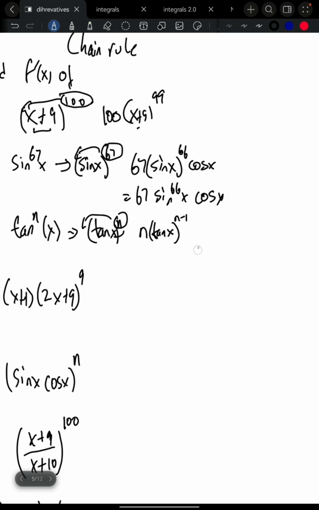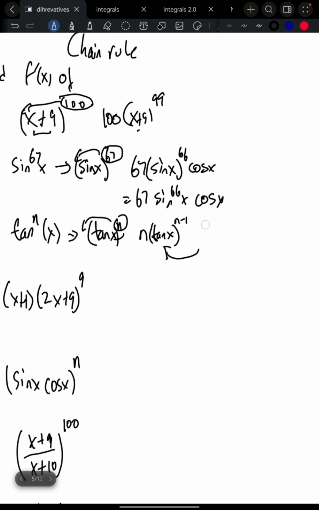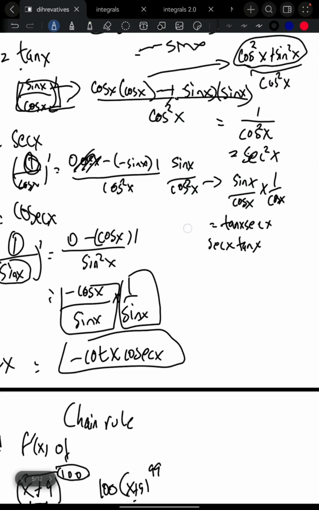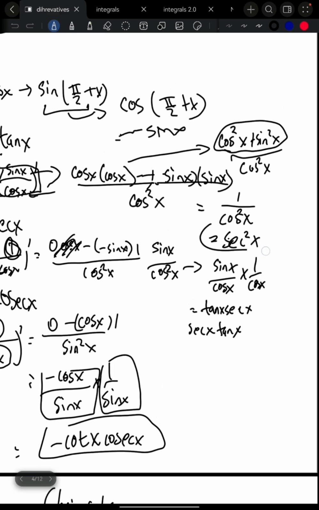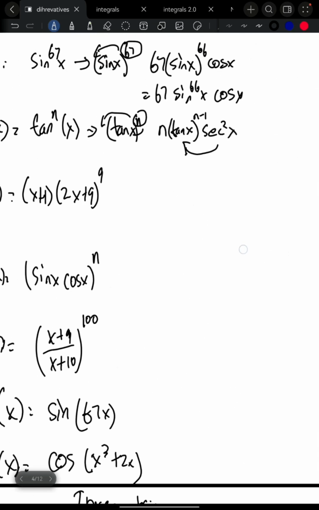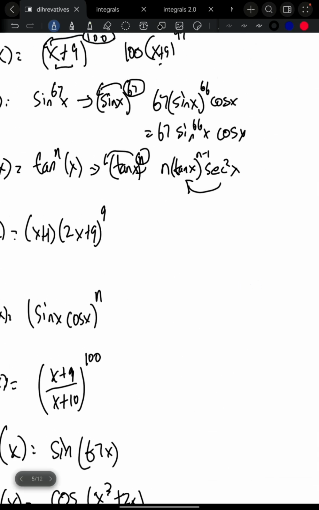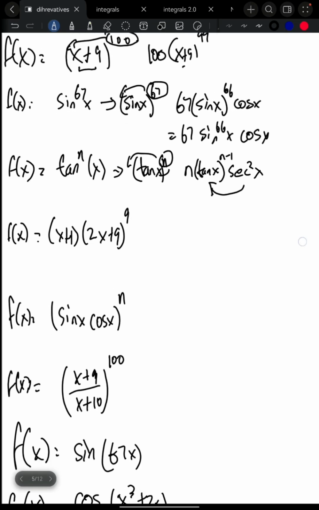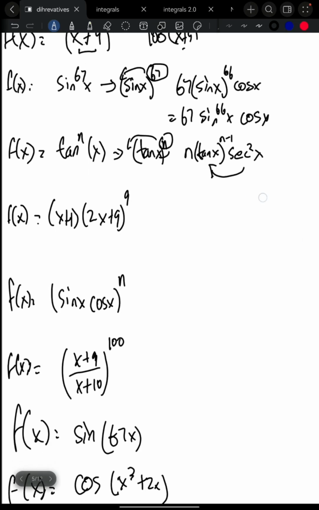But don't forget, times the derivative of tan x. If you don't know the derivative of tan x, it's just secant squared x. But if you don't know that, just use the quotient rule, I guess. Yeah, you should memorize this, bro. It's not hard for tan x and sin x, and those trigonometry things, I guess.